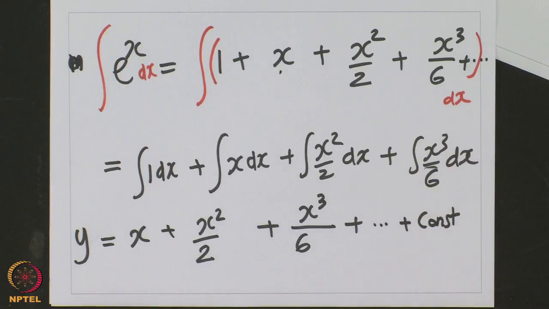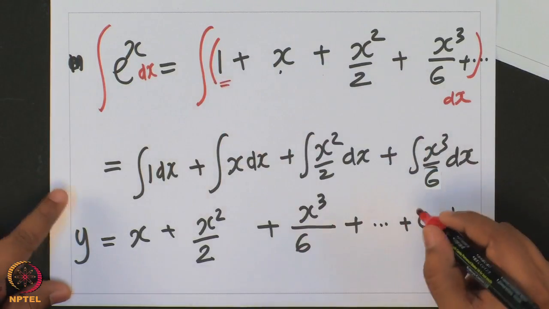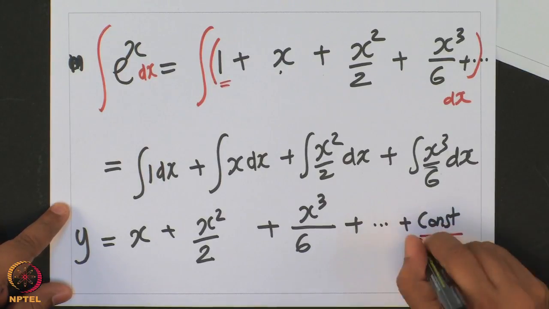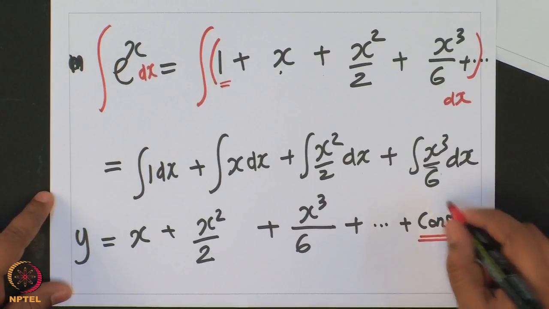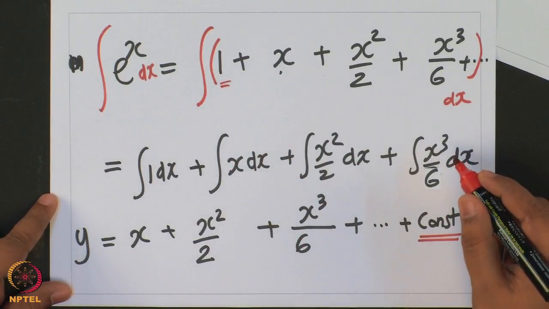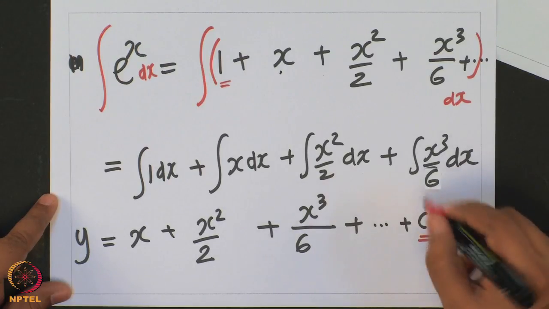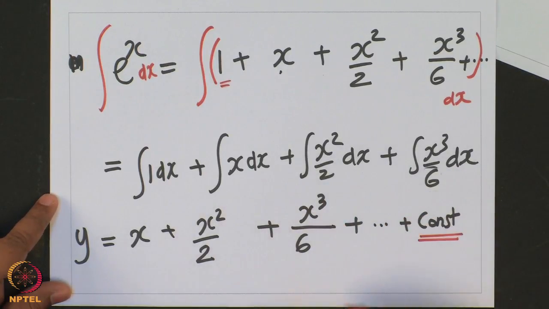And there is a constant. So there is 1 missing and there is this constant. So it turns out that we can show that this constant is essentially 1. How do we do that? We know of course that the derivative of e power x is e power x itself.